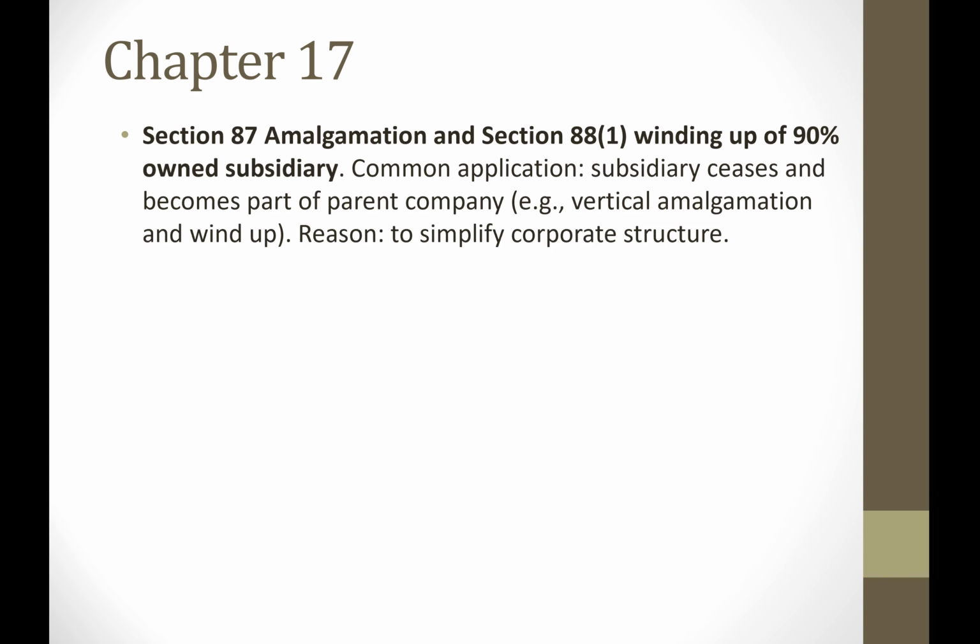Now, that's also known as a vertical amalgamation, and the reason that companies may want to amalgamate or to have a wind-up of the subsidiary into the parent is to maybe simplify the corporate structure.